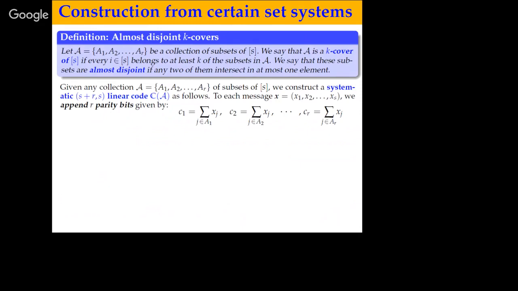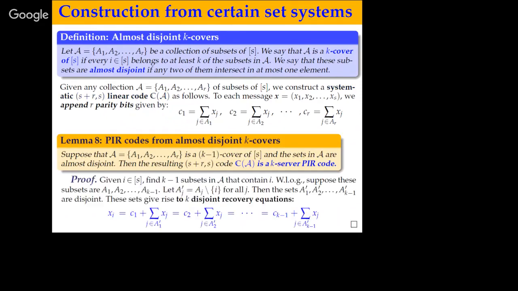And what are they? They're exactly the sums. So here's A1. A1 is a subset of S. So to get C1, I'll just add the corresponding bits. And I'll do it for each of these sets in the collection, and I get R parities. This will be my code. Okay, I just specified the encoding.